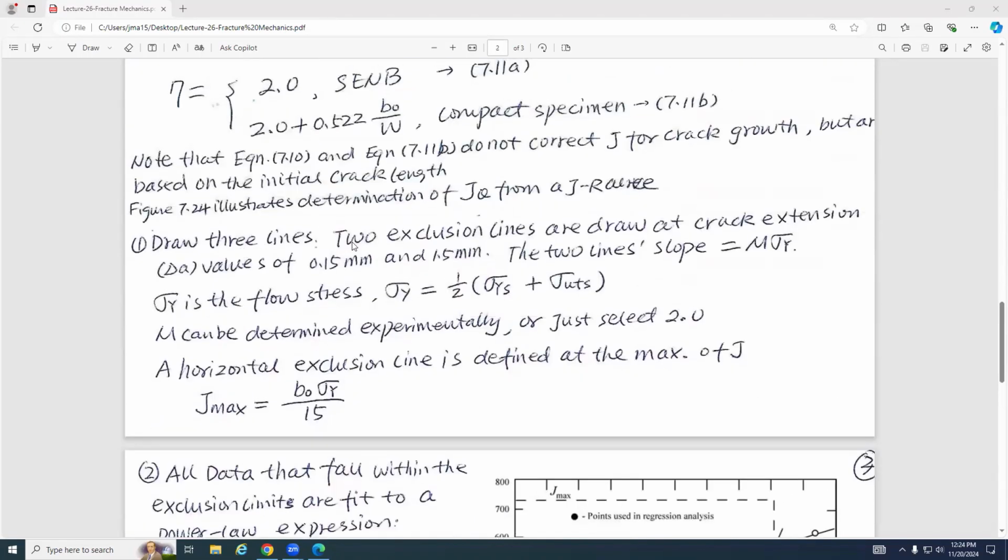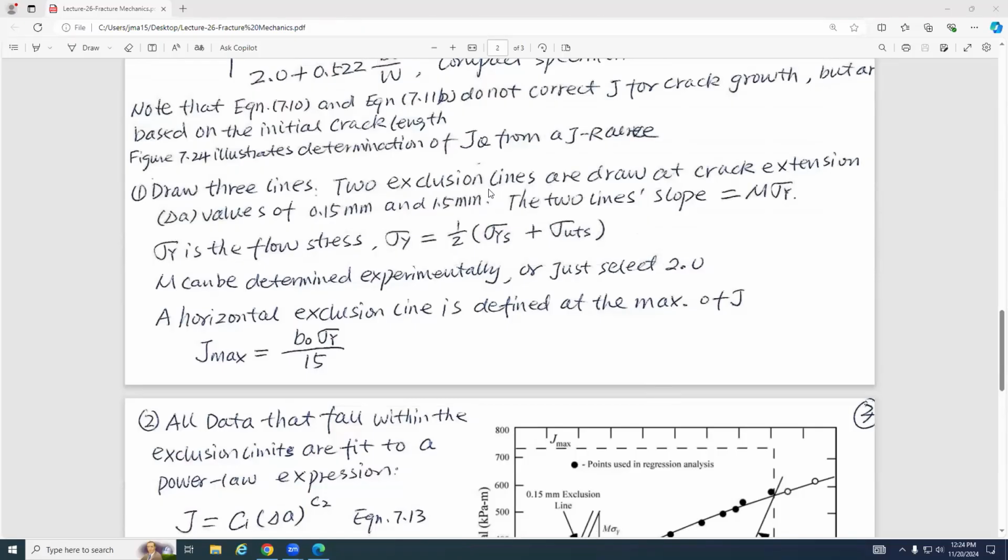You draw the three lines, and two are exclusion lines. These exclusion lines are drawn at crack extension delta a values of 0.15 millimeter and 1.5 millimeter. So this one is 10 times higher than this one.